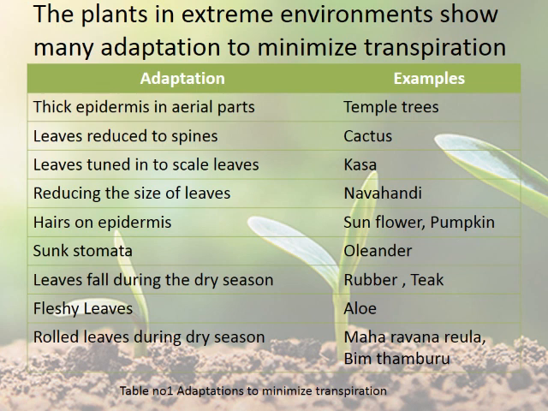Okay, there are some other adaptations also. Some plants like aloe have fleshy leaves that can store water inside their body. As well as some plants have their stomata sunk inside the leaves, obstructing evaporation of water from the leaves. An example is oleander.